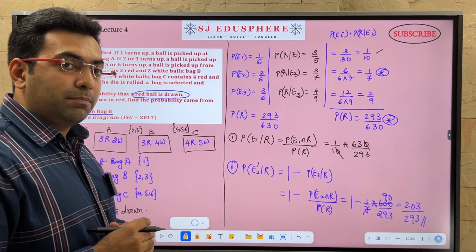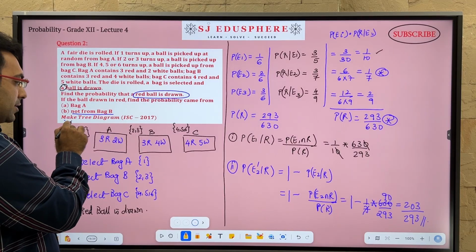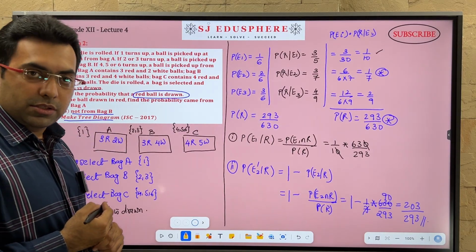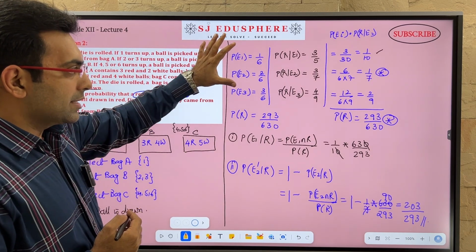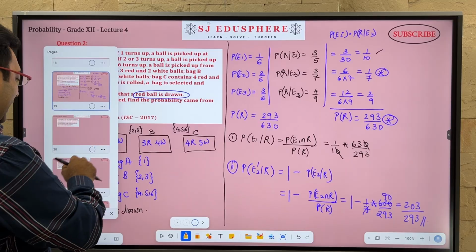Now look at this part, what I'm saying here. A commonly asked question. I'm asking you to make a tree diagram for this. How do I express this given information in the form of a tree diagram?